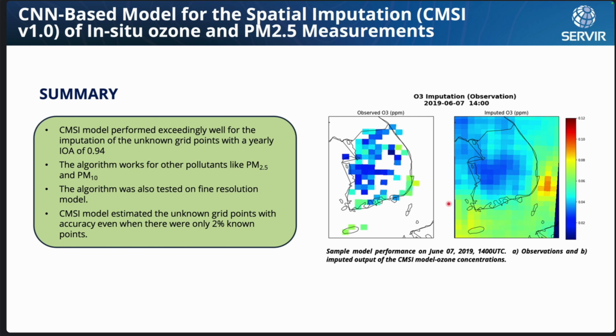We also downscaled this 27 kilometer resolution to 9 kilometer resolution, and again tested this on all three pollutants, and we found a similar consistency in performance of the model. Apart from that, the model only needs about 2% known points to estimate a gridded data set.